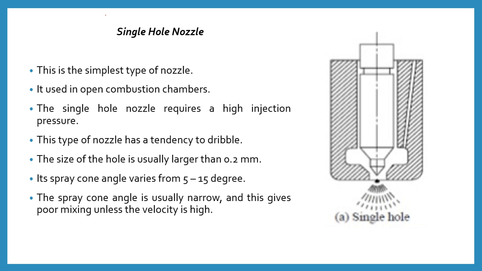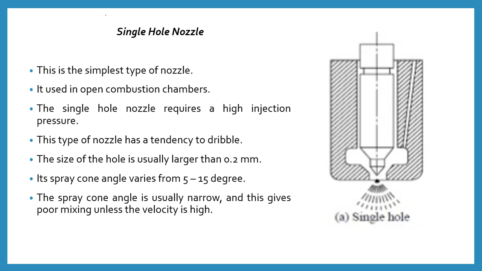The compressed air is available in the combustion chamber, so for that reason we need to produce a high velocity to inject the fuel through the nozzle. If we use a high velocity to spray the fuel from the nozzle, it mixes properly with the compressed air inside the combustion chamber.